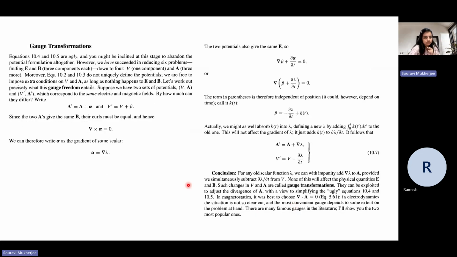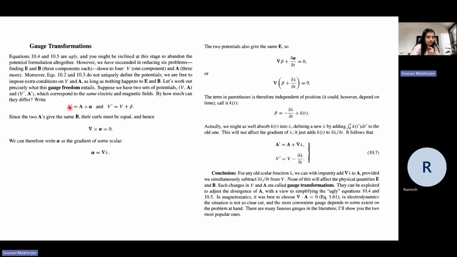Suppose there can be different sets of potentials, like V, A and V prime, A prime. Both can correspond to the same electric field and the same magnetic field if the difference between the potentials follows certain conditions.